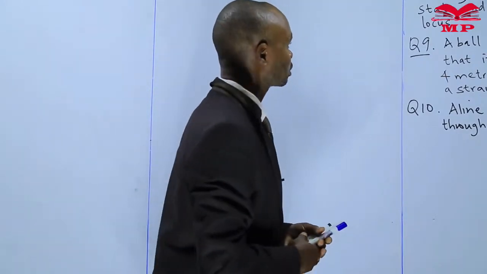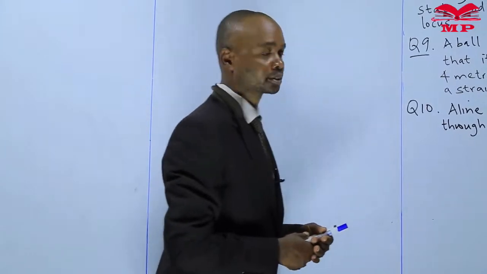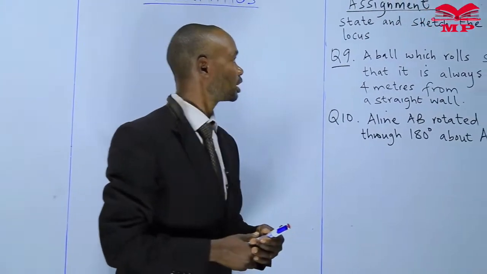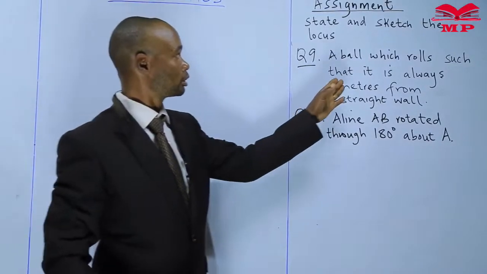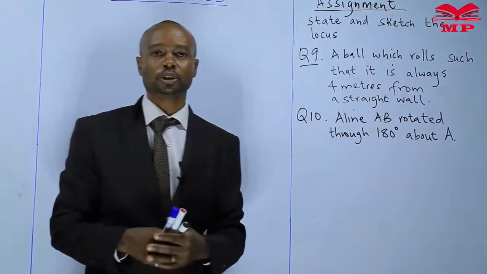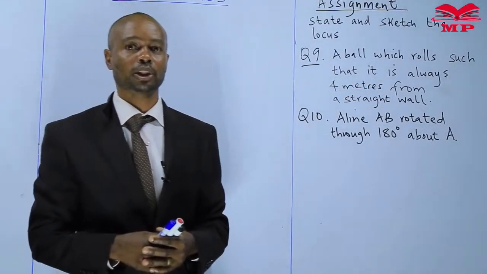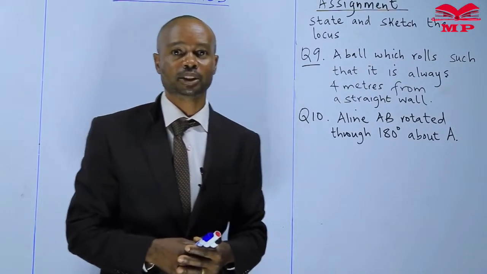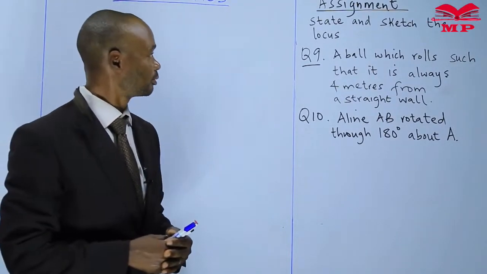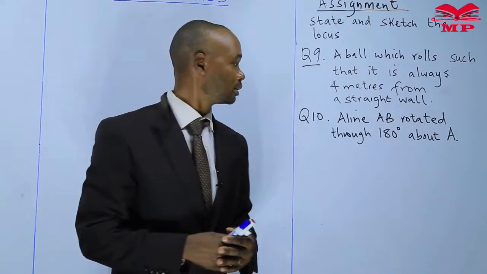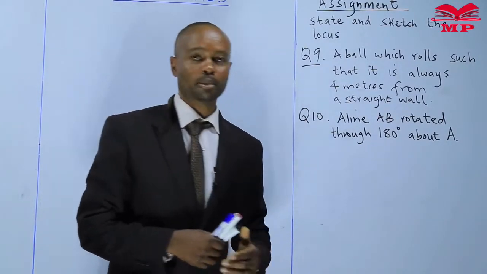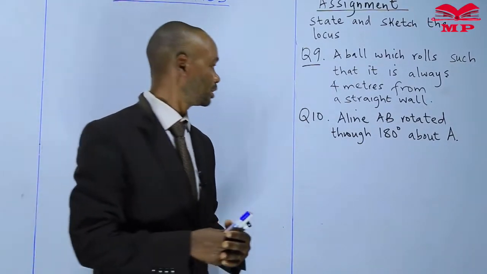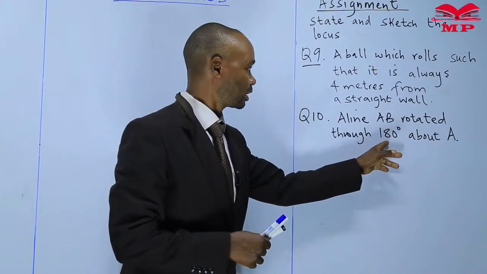In the assignment, question 9 was: state and sketch the locus of a ball which rolls such that it is always 4 meters from a straight wall, and question 10: a line AB rotated through 180 degrees about A.